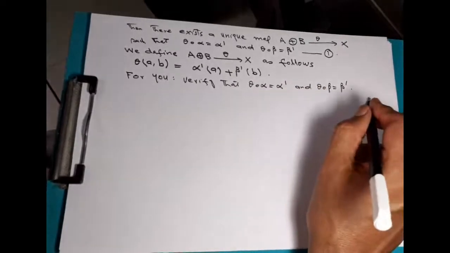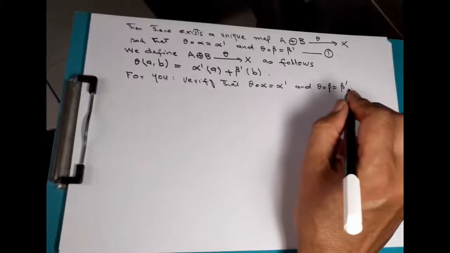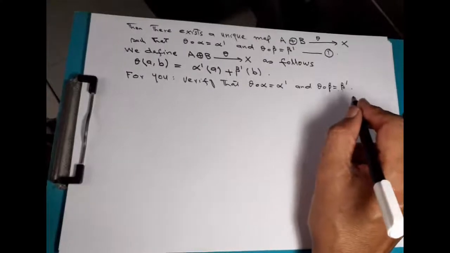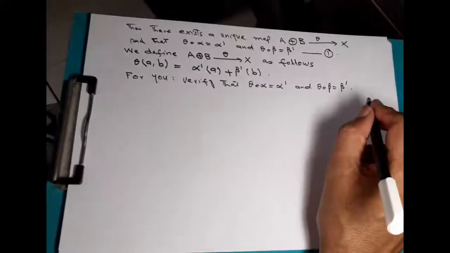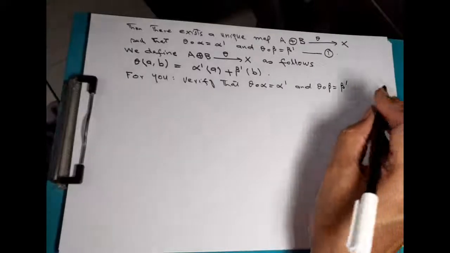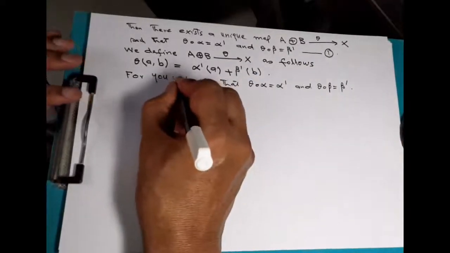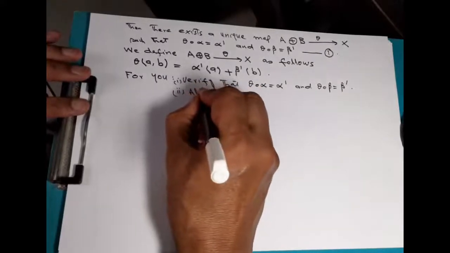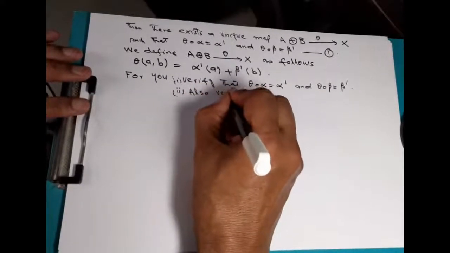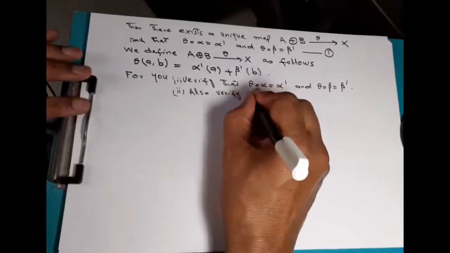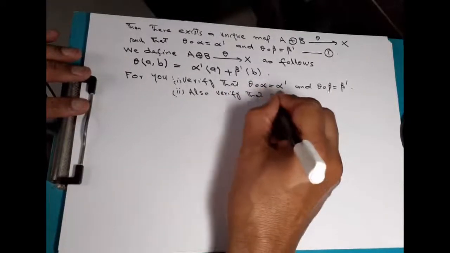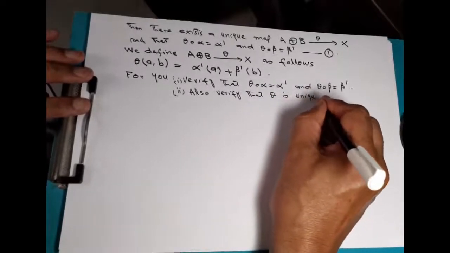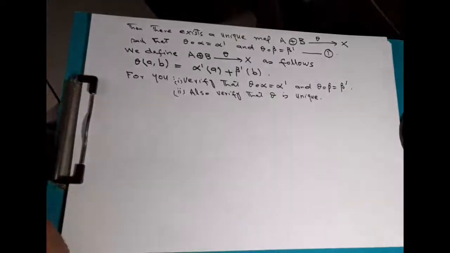So having done that, and if you do a little bit more effort and prove that this theta is unique, then the diagram we are discussing will become the push out diagram. So verify this, and secondly also verify that theta is unique. That means this is the only morphism which can make these things happen.